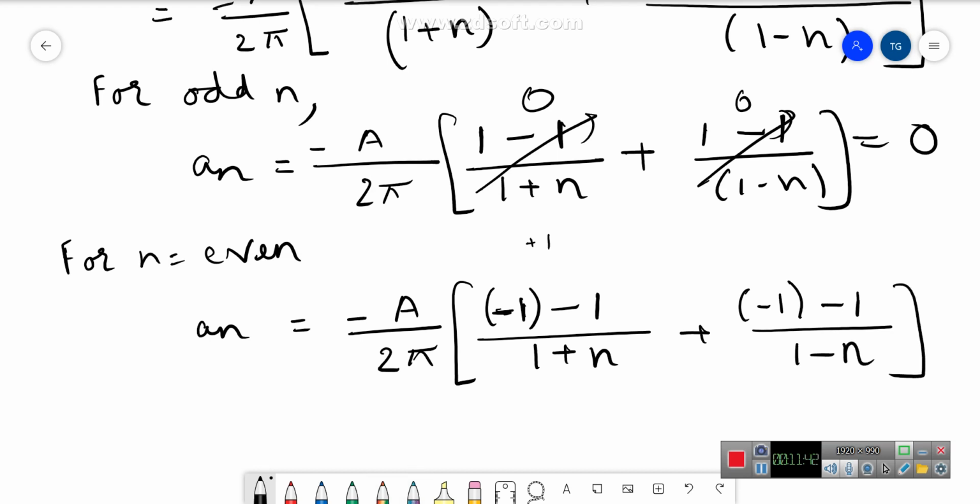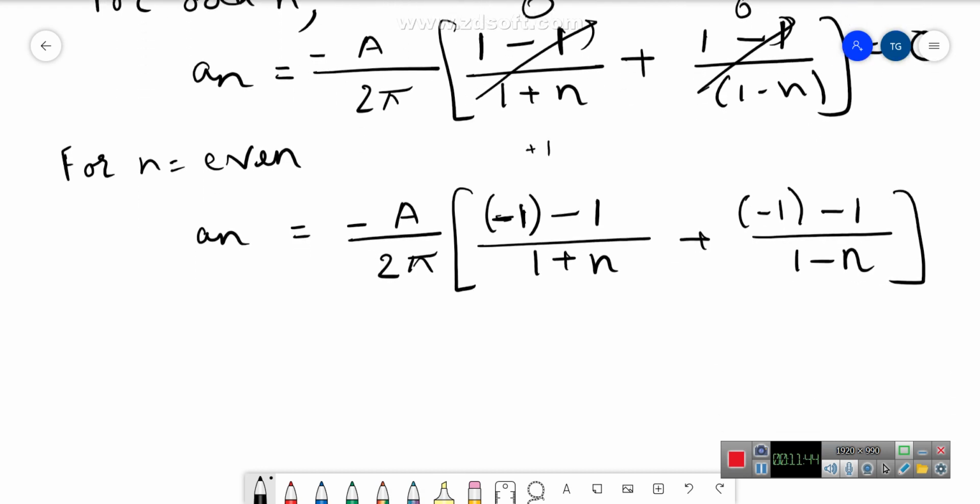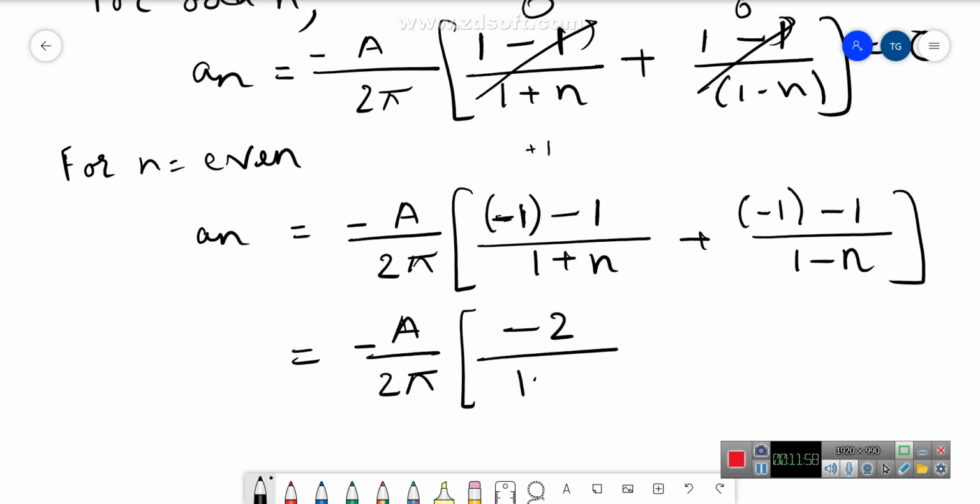So here it will look like, a upon 2 pi, it is minus 2 by n plus 1, we can write it down here like this, and this thing can be written as plus of minus 2 by 1 minus n.